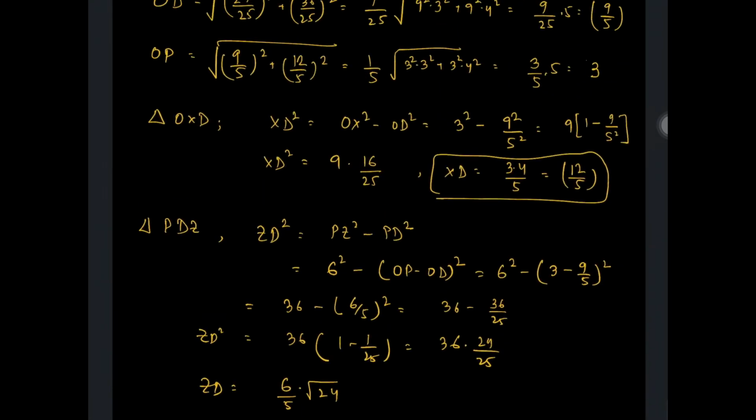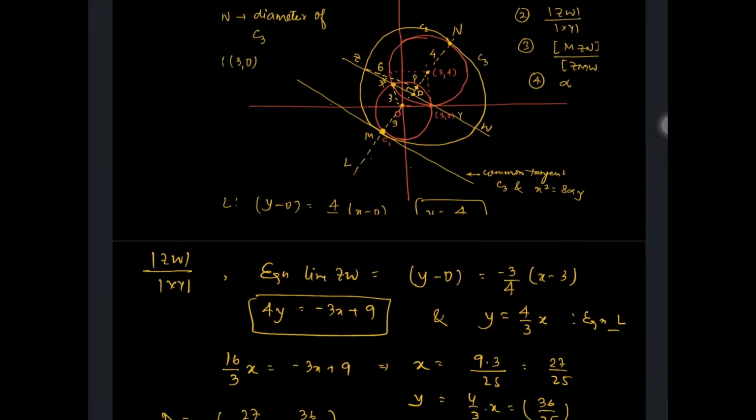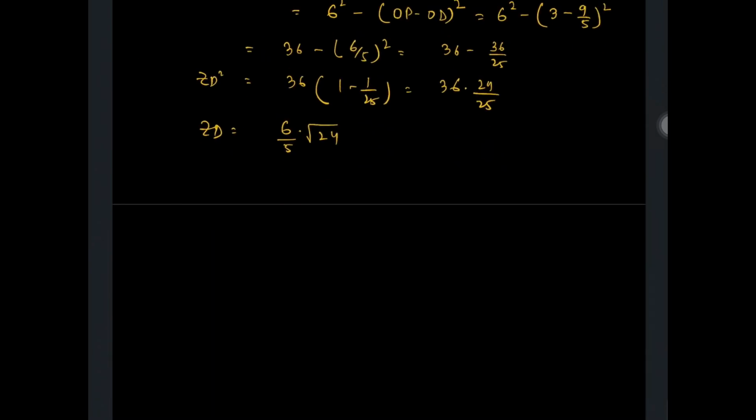Now see, ZW is the chord, XY is also a chord. So ZW by XY is same as ZD by XD, because XY is 2 times XD and ZW is 2 times ZD. So I can write the length of ZW by XY is same as 2 times ZD by 2 times XD, and that is ZD by XD.